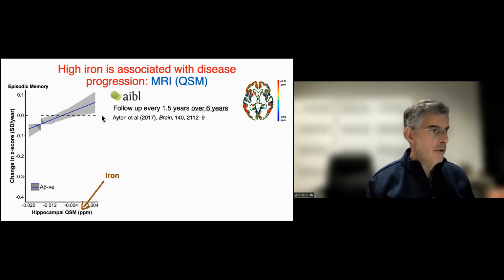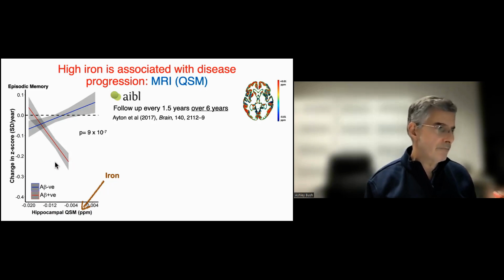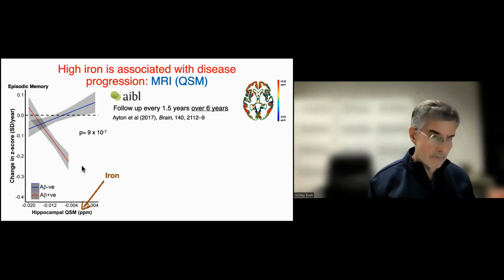But in individuals who were amyloid positive, we found that the hippocampal iron had a strong impact in promoting the rate of cognitive decline over the 6 years of the study. So this is iron which is even within the normal range, is found to impact upon the rate of cognitive deterioration.